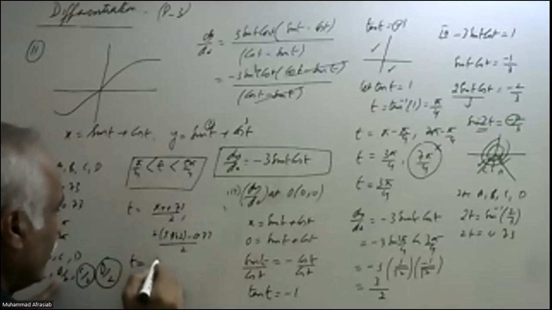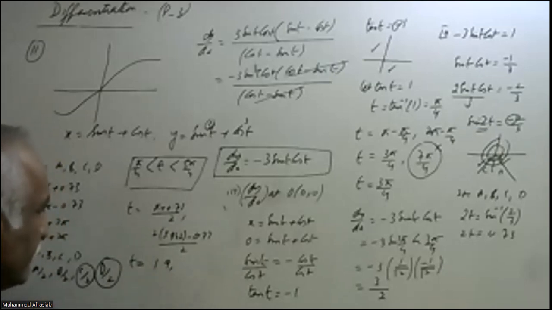So the t values will be equal to 1.9 and 2.8. These are the two specific values which we got from this calculation, which lie between pi by 4 to 5 pi by 4 for this question statement.